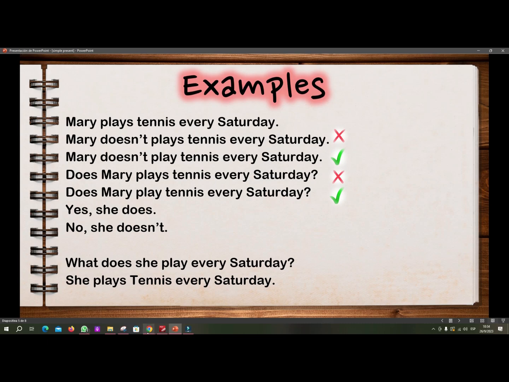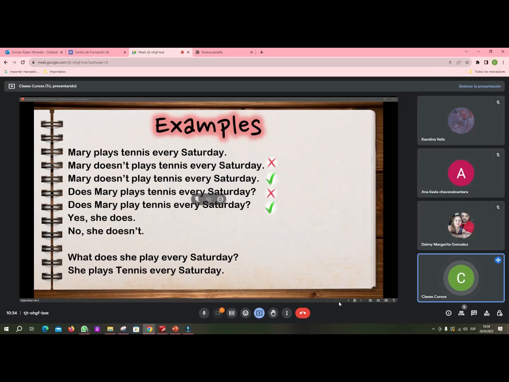Okay? So, I don't know if you have questions about it. ¿Tienen preguntas, Carolina, Miss Ana, Miss Delmy? ¿O están listas ya para el primer ejercicio? What do you think about that? Or what can you tell me about it? ¿Me preguntas, Miss Delmy?